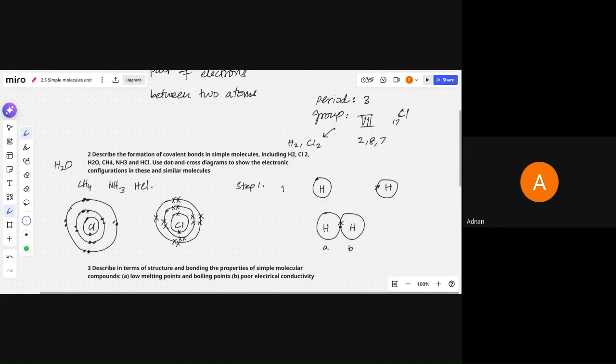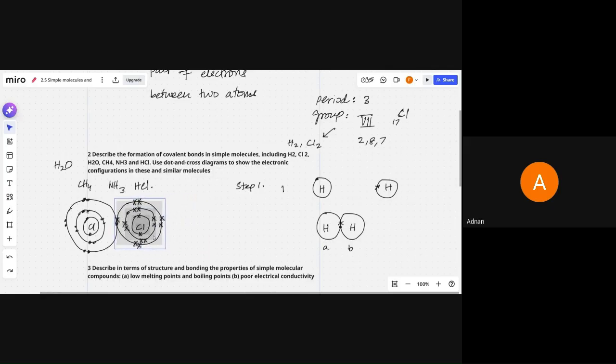So this chlorine atom will share one of its outermost electrons with the other atom, and this chlorine atom will share this electron with this other chlorine atom, and their shells will overlap, and electrons will be shared, and a covalent bond will be formed. So let me just pick this and bring it here.